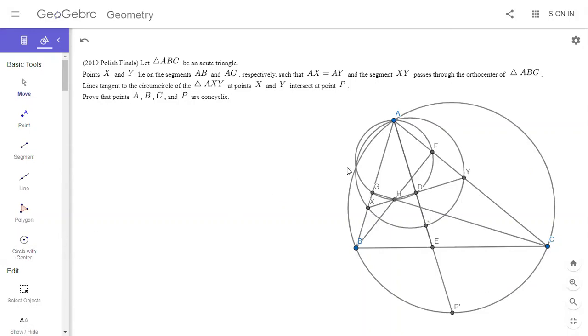So where did I use that H was the orthocenter though? Trying to think. So I had to use that somewhere, right?